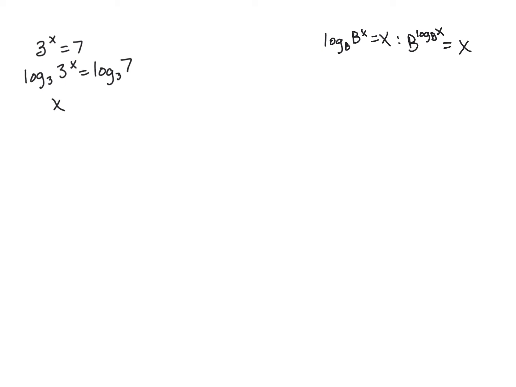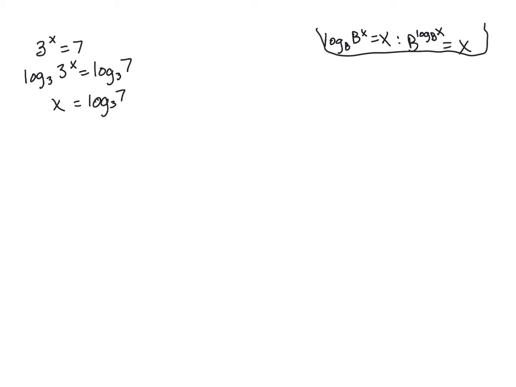So let's remember these while we're working through these problems. So log base 3, what power do I raise 3 to make it equal 3 to the power? Obviously, it's the power.